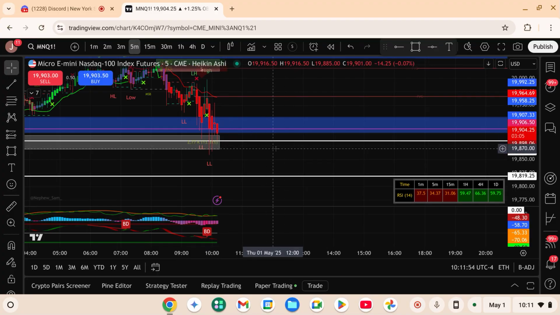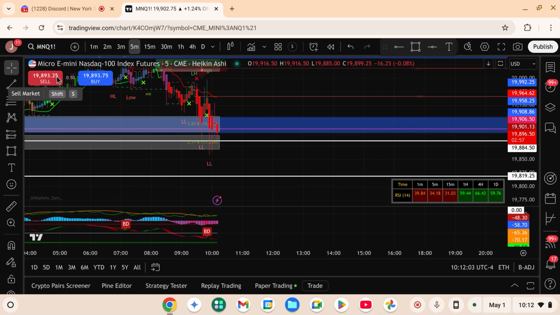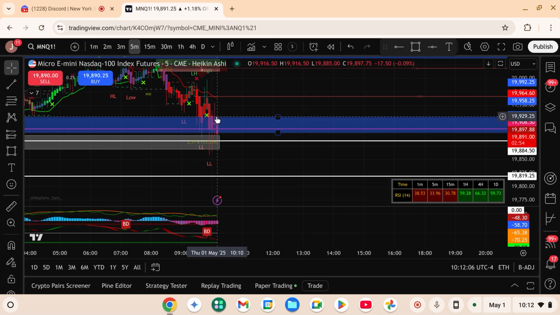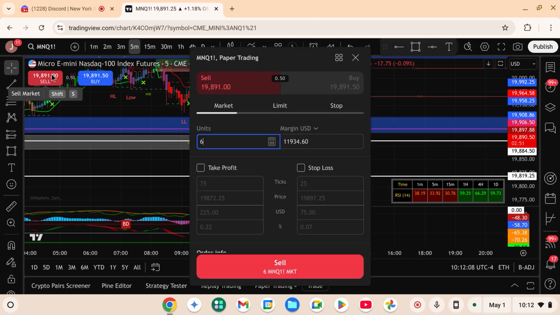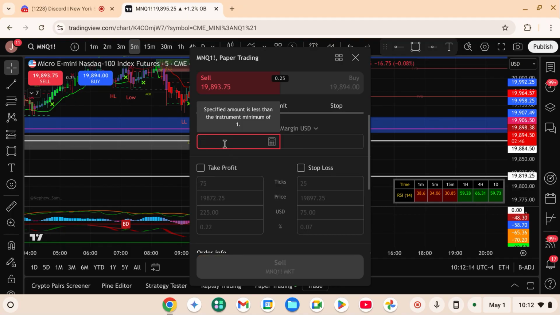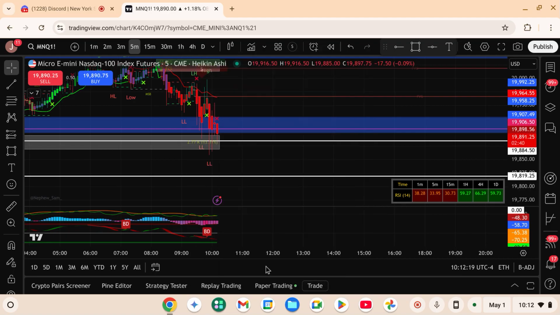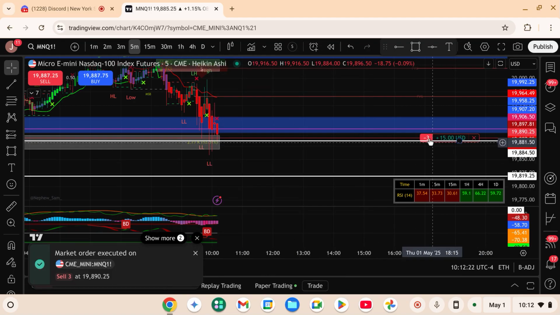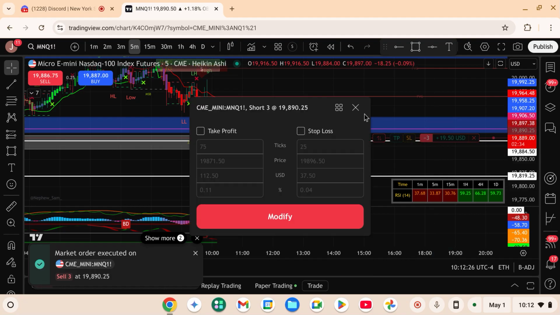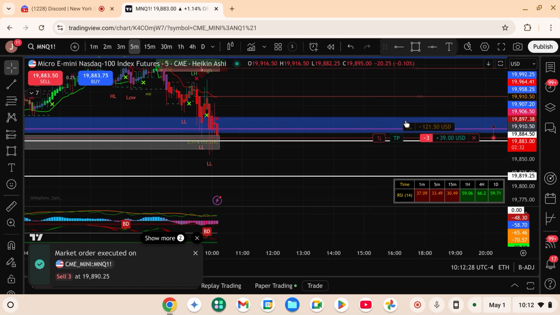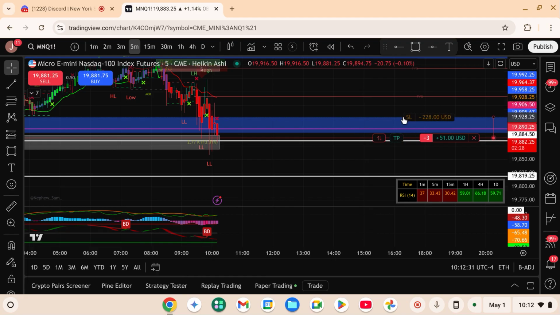What we can do is let's do sells from here, and we'll put our stop right above this blue box here. So they'll give us two opportunities to try to take it short or long. So we'll do 3 contracts, and we'll put our stop right above this box right here at 19,928.